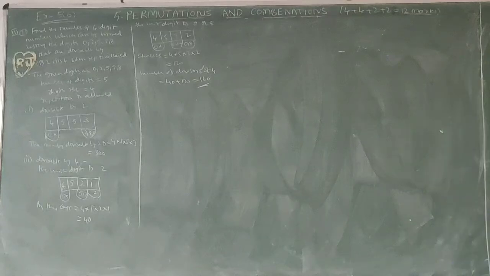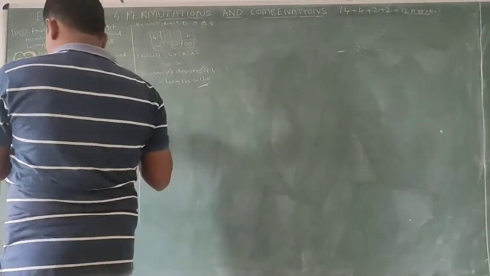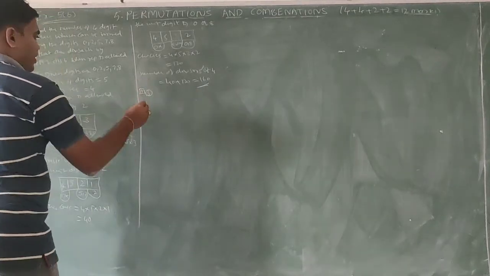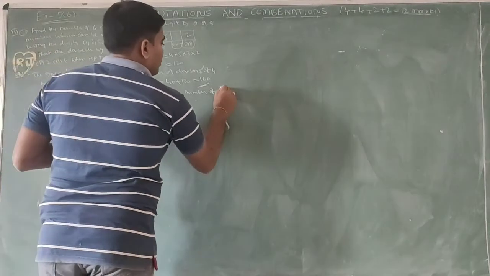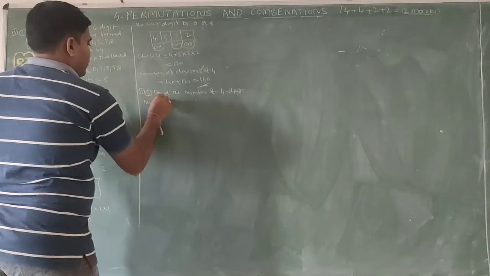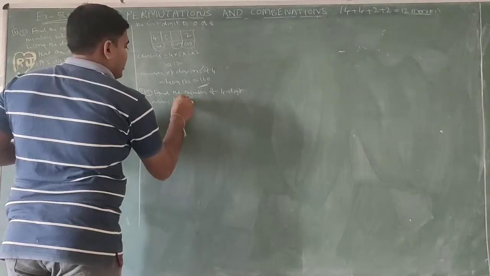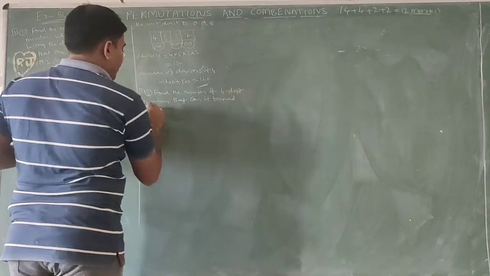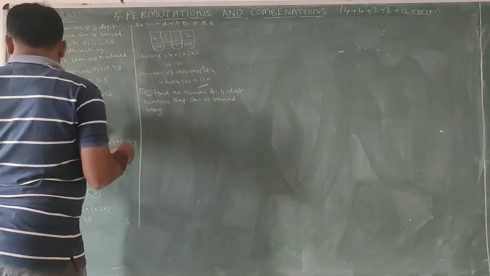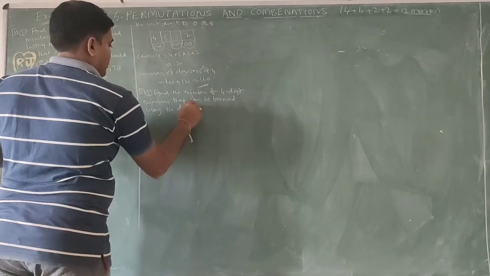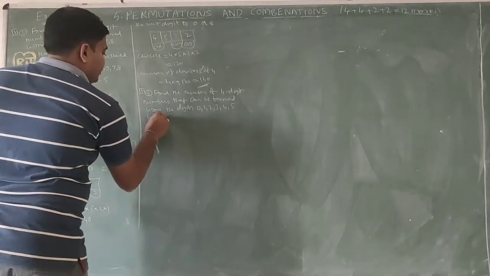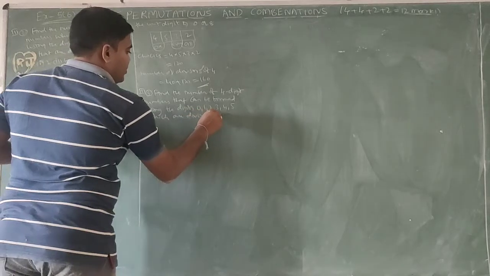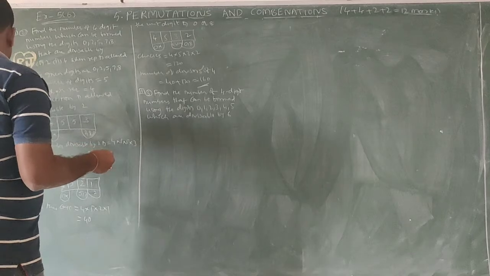Okay, one more problem here. Third question. Find the number of 4-digit numbers that can be formed using the digits 0, 1, 2, 3, 4, 5, which are divisible by 6, when repetition of the digits is allowed.